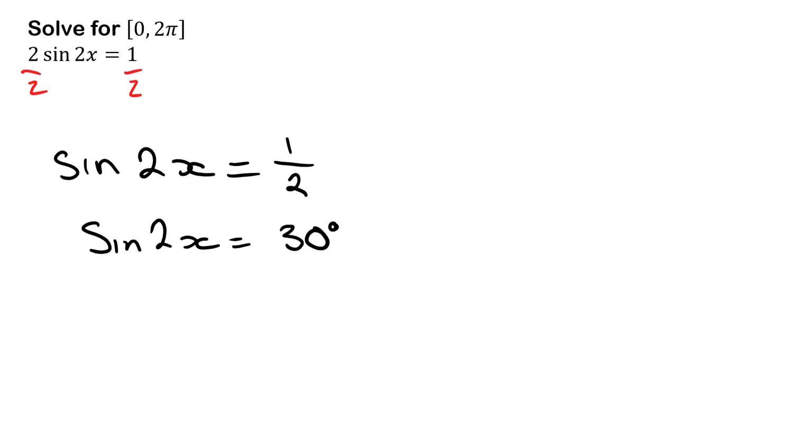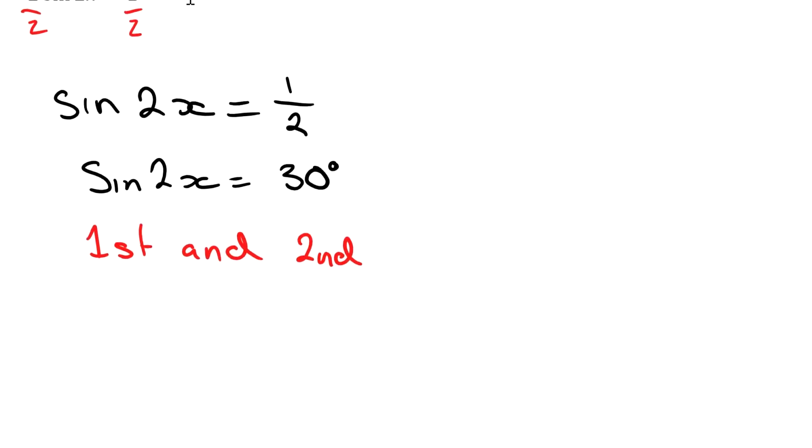Our sine is also positive, so we know that we're looking at our first and second quadrants. Therefore 2x will equal 30 in the first, and in the second, it's going to be 180 take away 30, so 150. Then we have to do another lap, because we have 2x, it indicates that we're going to 720.